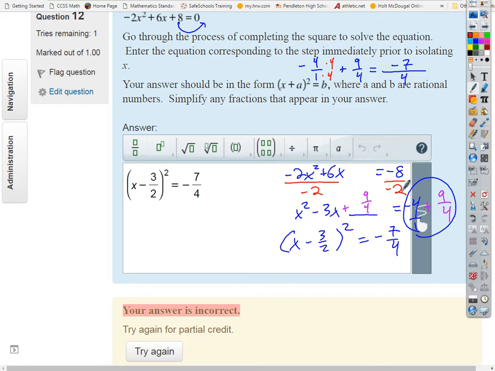So negative 8 over negative 2 is positive 4. Right, so when we go up and do this work, we're going to get 4 times 4 is 16 plus 9 is positive 25. So instead of negative 7 fourths, I end up with positive 25 fourths. Got a little careless there.